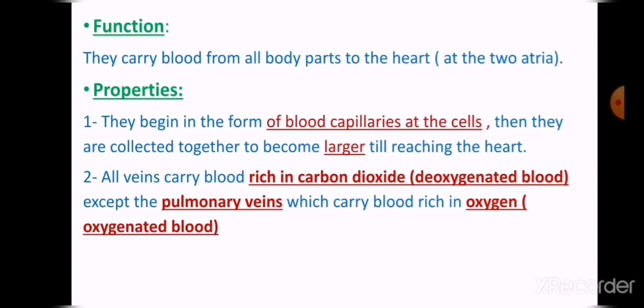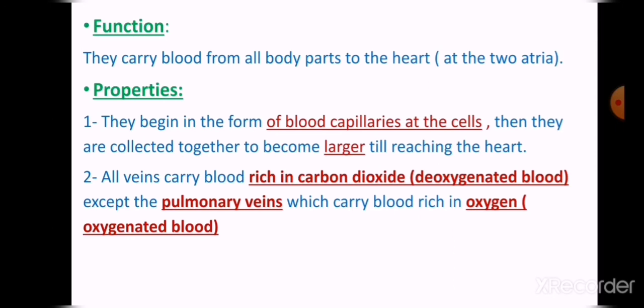The function of the veins is that they carry the blood from the body parts because they start at the body cells. So they transport the blood from all body parts to the heart, exactly at the 2 atria. They begin in the form of blood capillaries at the cells, and you know that the cell is the smallest unit of the body.